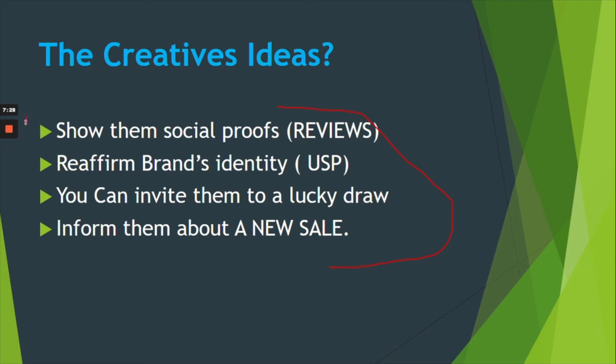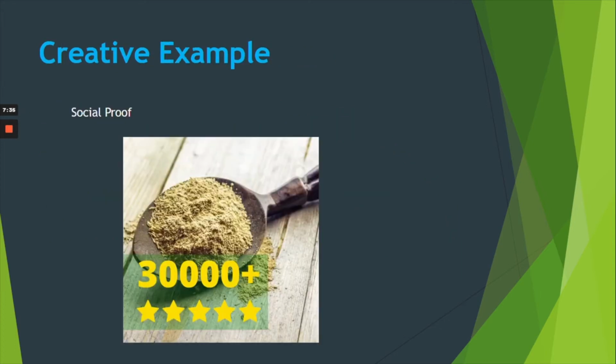So I have an example of this first option, which I will show you in the next slide. Okay, so as you can see, this is actually a social proof that I will be using in the campaign that we will be setting up after this slide. So what I will do, I will just retarget the people who visited our homepage, collection page, but not the product pages, and I will show them that 30,000 plus people have used our products and they have given us 5-star reviews.